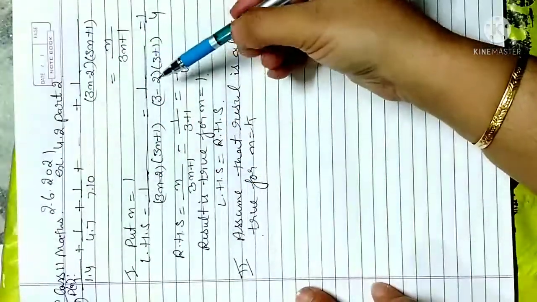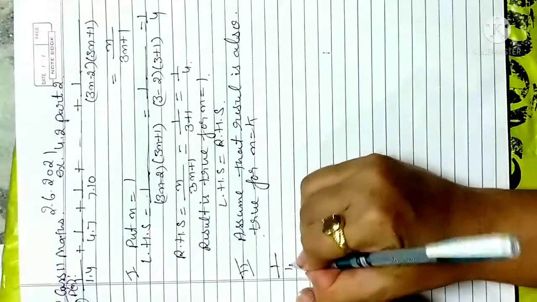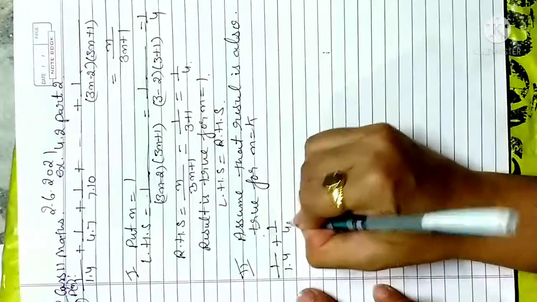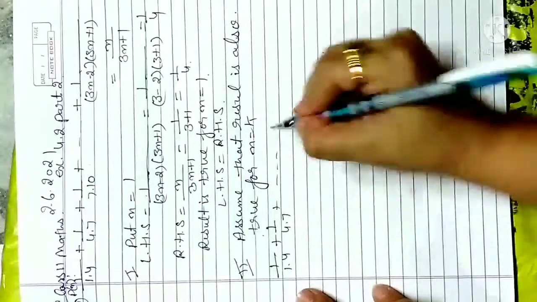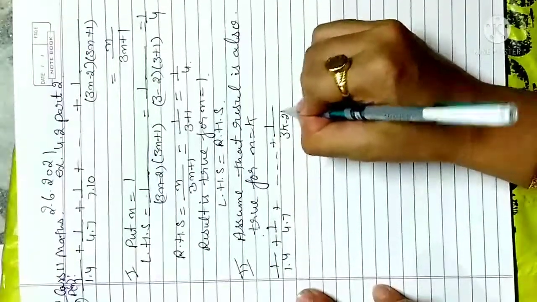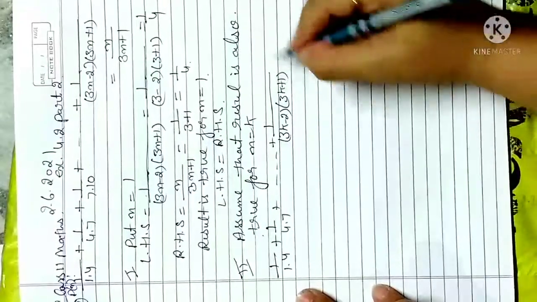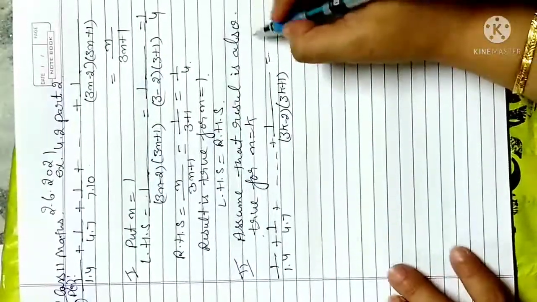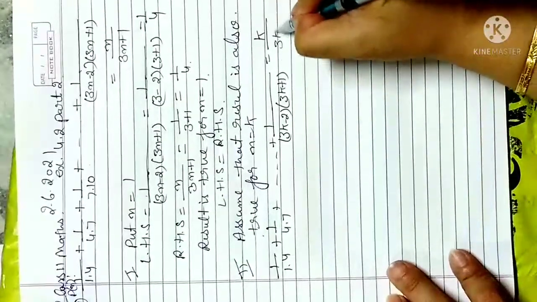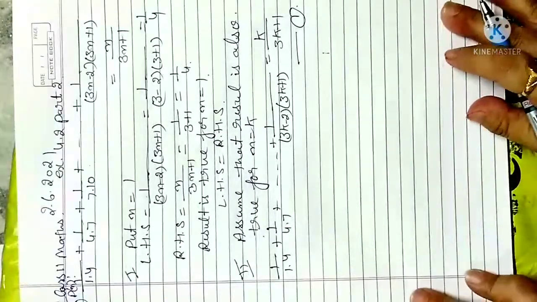You rewrite this equation, but in place of n you write k. So that is 1 into 4, 1 into 4 into 7, and the last term will be (3k minus 2)(3k plus 1). In place of n I replace k, so there will be k upon 3k plus 1. I consider this as my first equation.